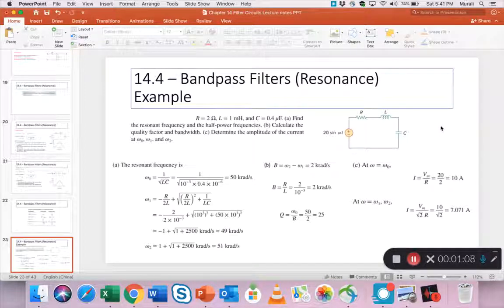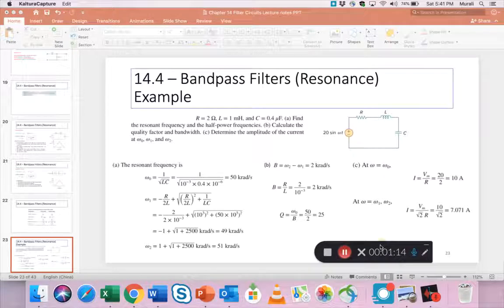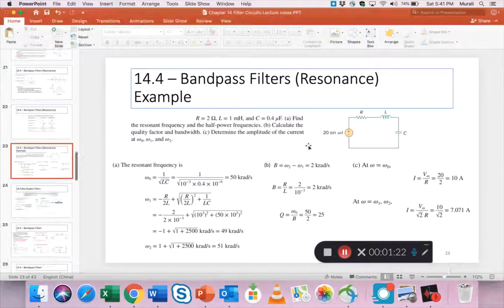Okay, so I am on slide 23 of the PPT, one second while I get organized. On slide 23, and this actually is a resonance problem example that I had already covered last time. So we don't really need to go through this in any detail.